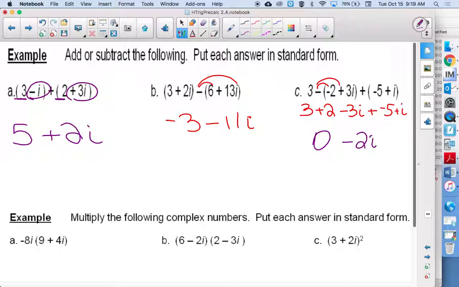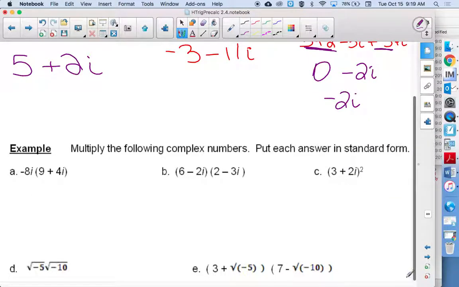Right. Do you have to write the 0? No. So that would just be negative 2i. So the real numbers cancel each other out, and you're just left with negative 2i. Any questions with adding? So you're adding kind of like they're X. Think of like terms.